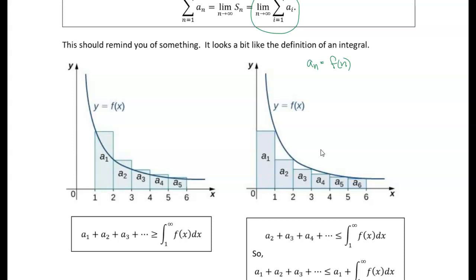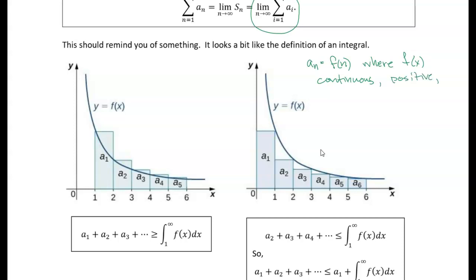And I've taken a very specific case. This isn't just any function. This is a function where f of x is continuous, first of all. And it's also positive, right? It's above the x-axis.